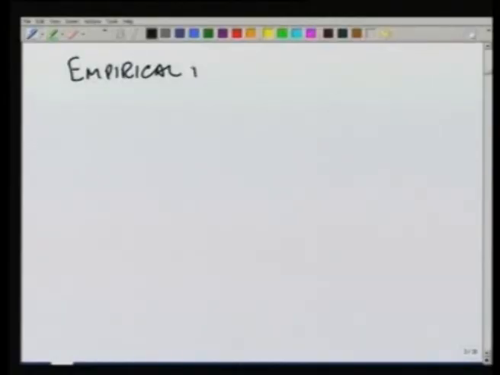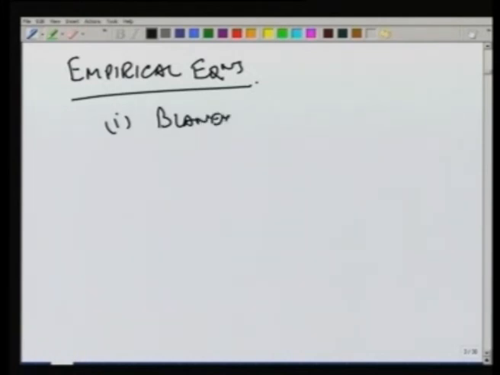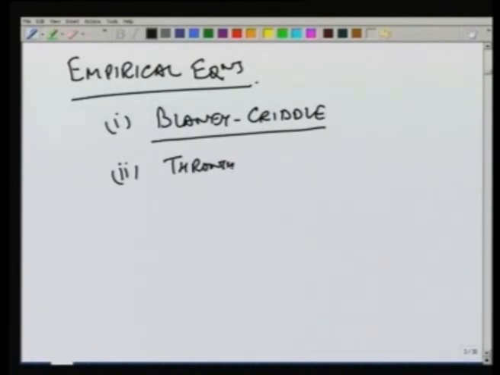So, we will look at these empirical equations, and the two empirical equations which we will look at here, although there are various other equations also, but the ones which are commonly used are known as the Blaney-Criddle and the Thornthwaite equation.